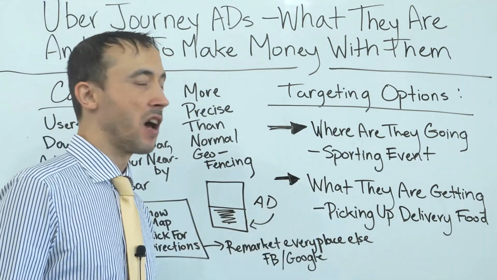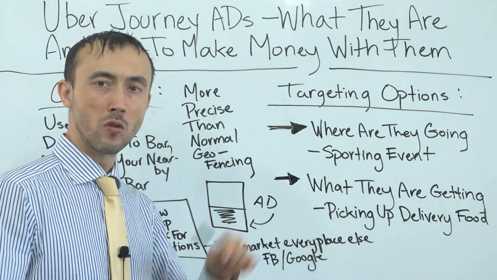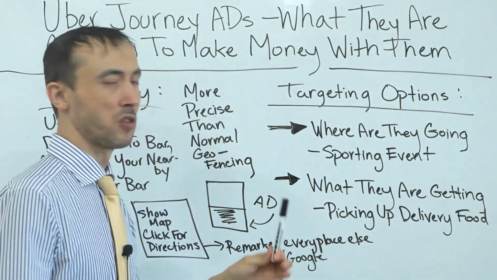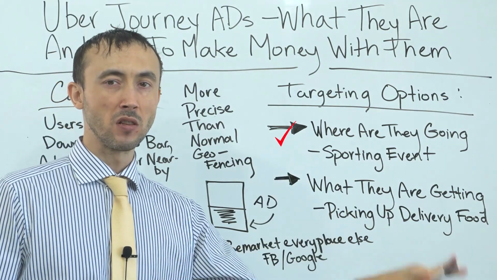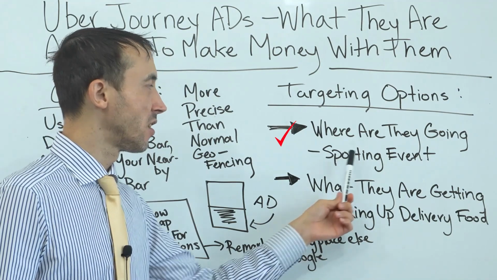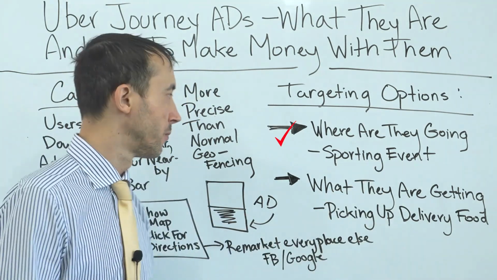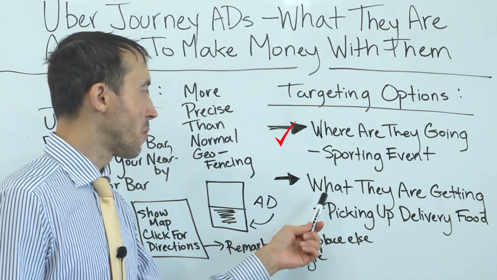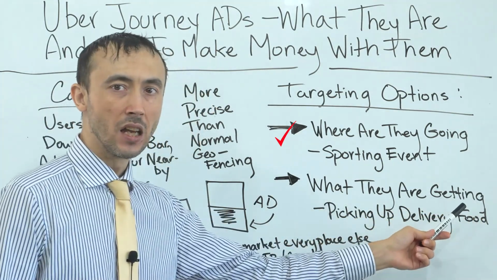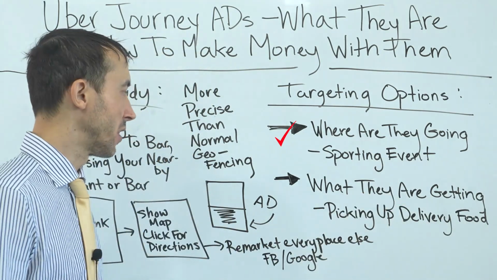What they have done at this time is they let you target people that are doing two different things, which is what makes it good for some companies and not others. Either you could target people by where they're going, such as they're going to a sporting event on their way there, okay? Or you could target people by what they are getting, picking up delivery food specifically.